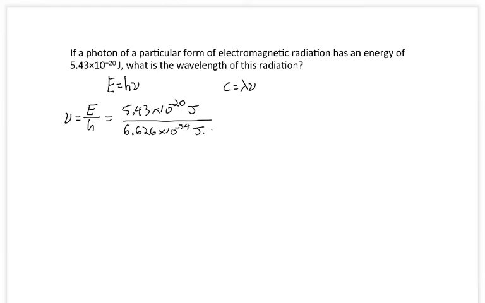It's joules times seconds, so my joules will cancel. I'll be left with 1 over seconds, or that's the same thing as seconds to the -1. So my frequency comes out to be 8.19 times 10 to the 13th seconds to the -1.